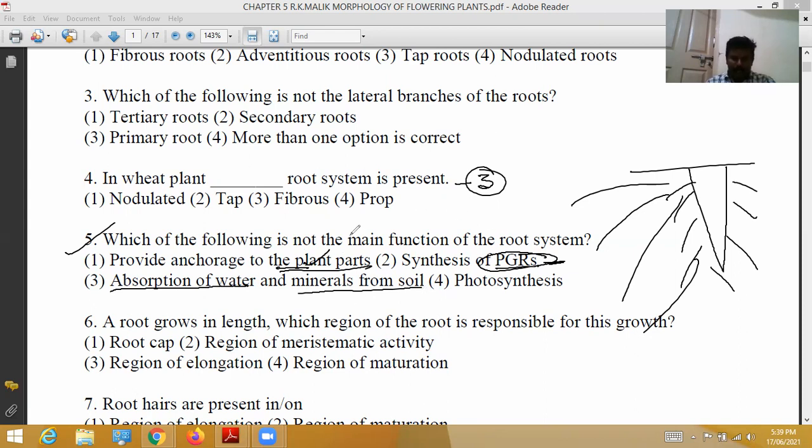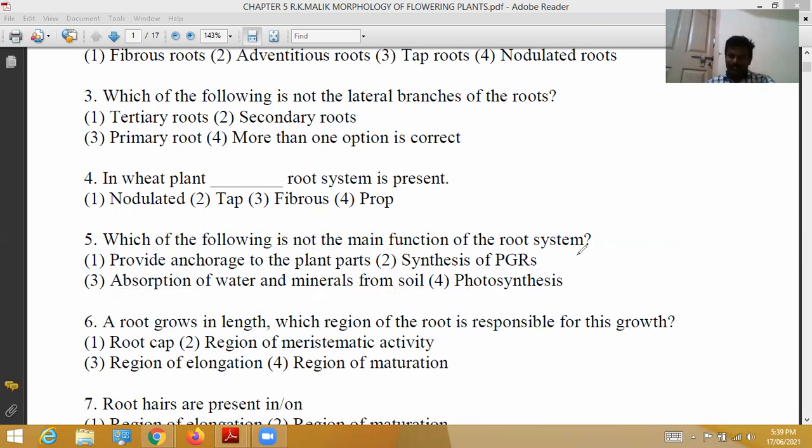So these three are performed by the root system, but they have asked which is not the main function of the root system. Photosynthesis is not carried out by the roots; it is carried out by the green leaves. So the correct option for the question is the fourth. Photosynthesis is not the main function of the root system.